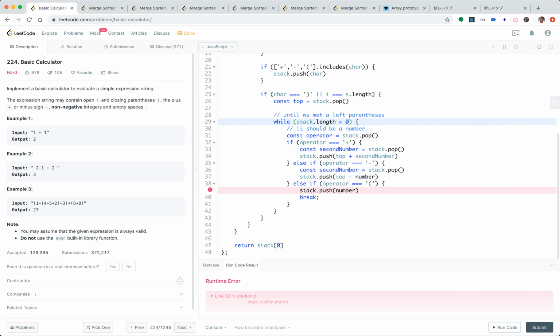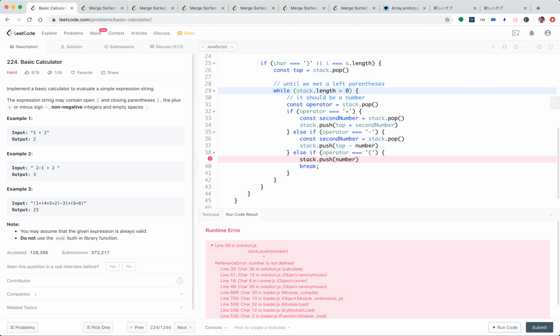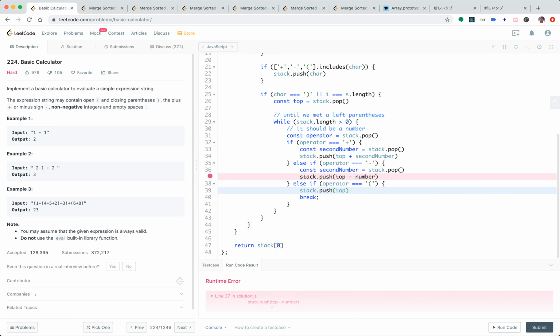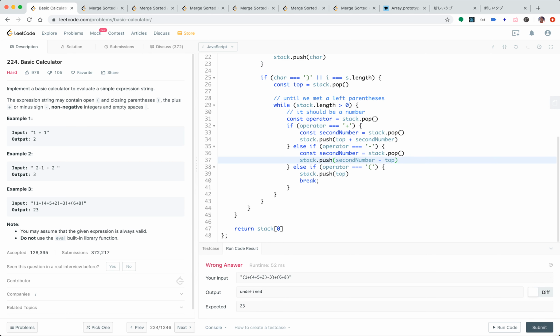Stack push number. It says number is not defined. Sorry, top. Stack push top number. Second number actually. Top. Return stack 0.